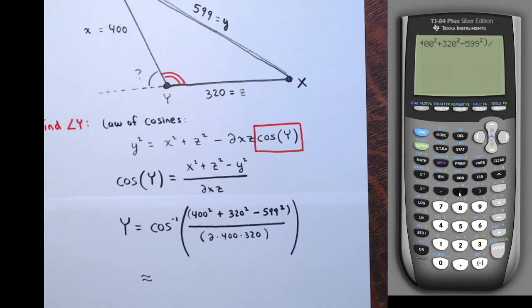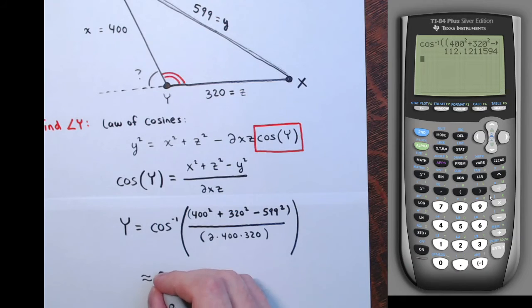Then in the denominator I'll put a set of parentheses around this product. 2 times 400 times 320. And then close the parentheses on the denominator, and then close the parentheses on the inverse cosine.